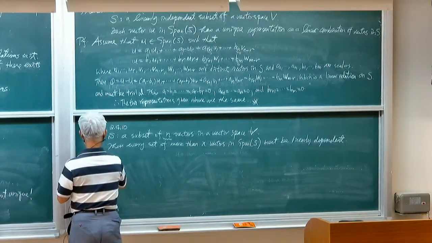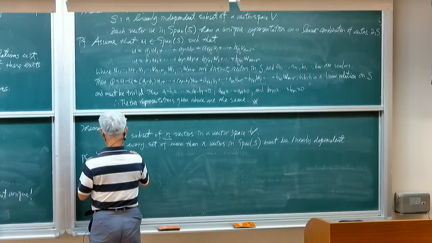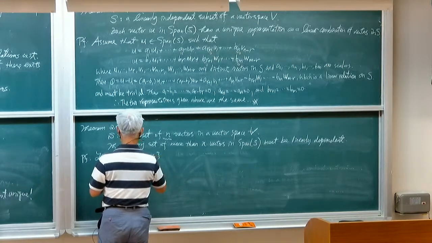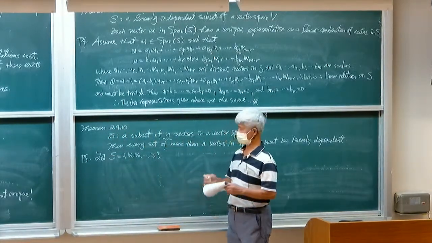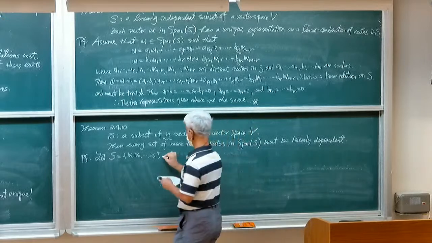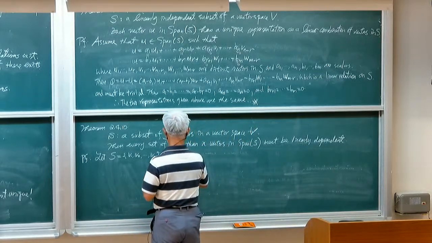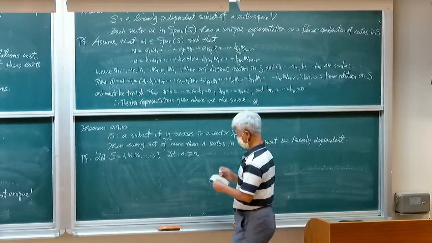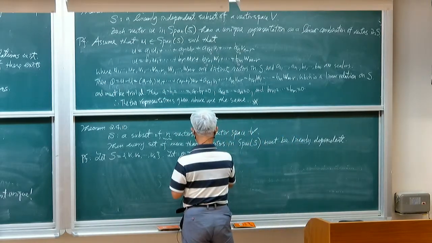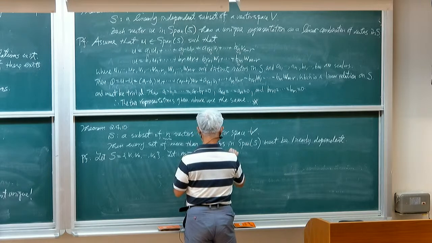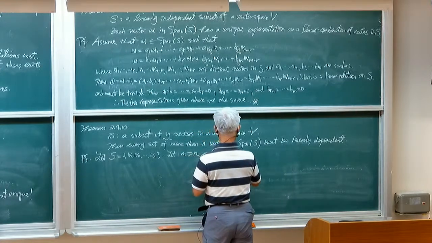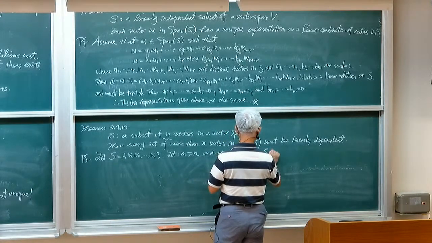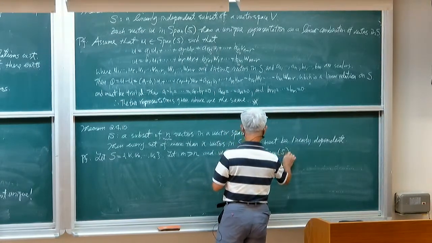All right, so we let S be V1, V2 up to Vn. Okay, so it's a set of n vectors, right? And we let m be an integer greater than n, and we select m vectors from the span of S. Right?